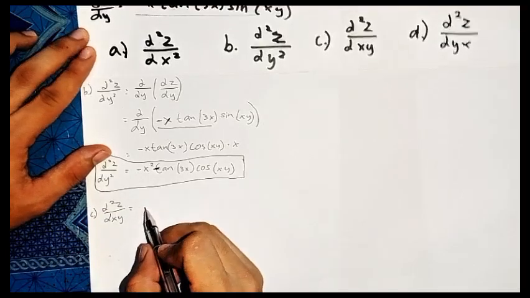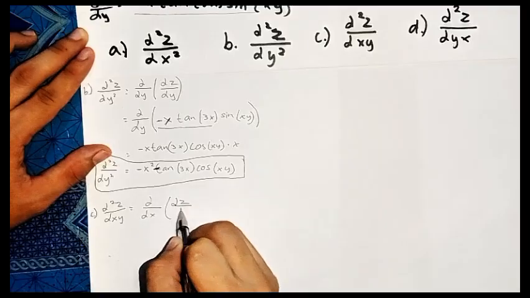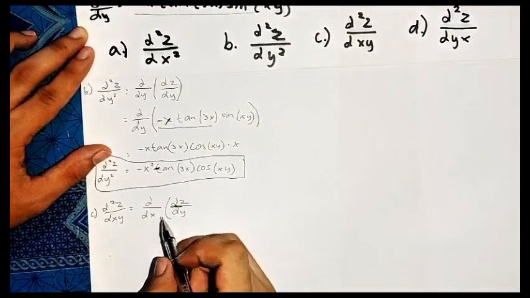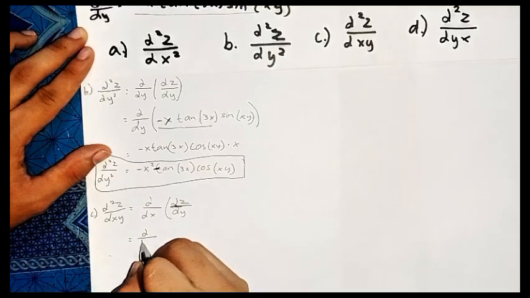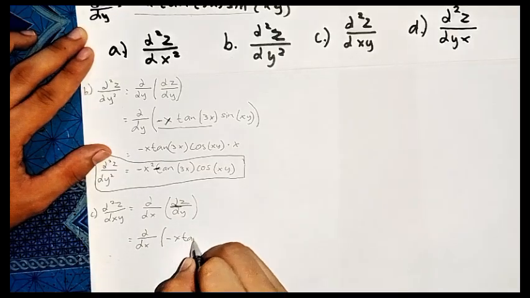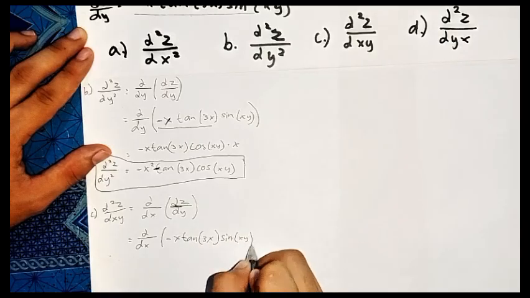So, partial x of partial z over partial y. Our partial z over partial y is this again. Right? So, let's copy that one. We have negative x tan 3x sine xy.